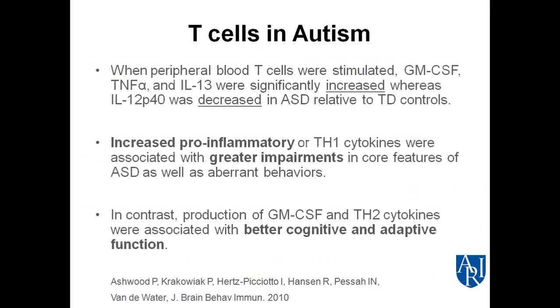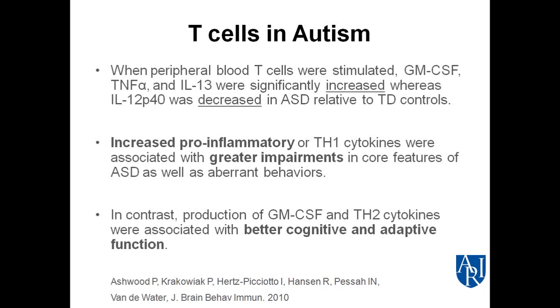Here is an excellent paper from 2010 by Paul Ashwood's group showing T cells in autism, when stimulated, produce increased amounts of TNF-alpha, but IL-12p40 was decreased relative to typically developing controls.